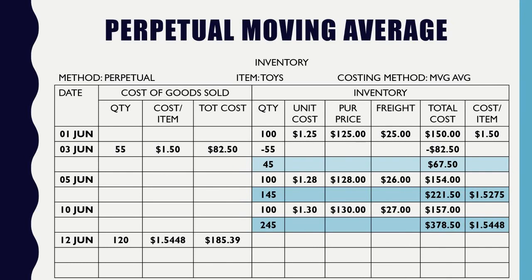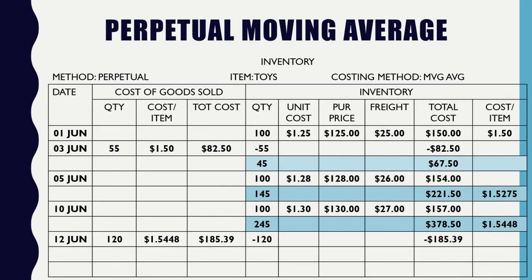Okay? And of course, once again, we're going to subtract that number out to give us now a new grand total of 125 items at $193.11. And this is where, once again, because we made a change in the total cost and the total quantity, we need to recalculate our average cost per item, which in this case doesn't really change by that much.